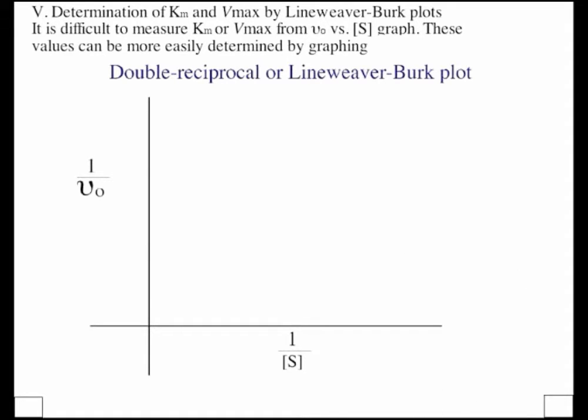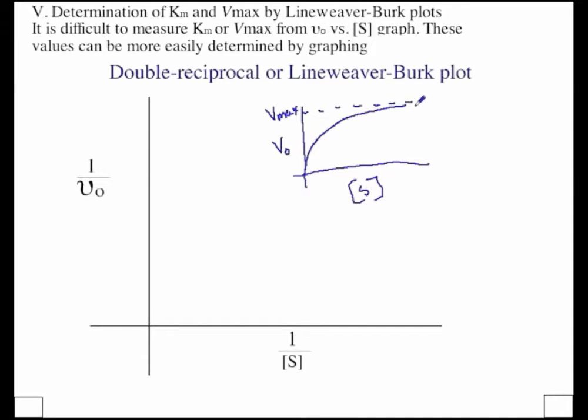And just to remind ourselves again and again about this plot, because it's so important, where we have initial velocity as a function of substrate concentration with our hyperbolic curve. Well, you could say, hey, you can determine Vmax because it is the value that the function approaches.